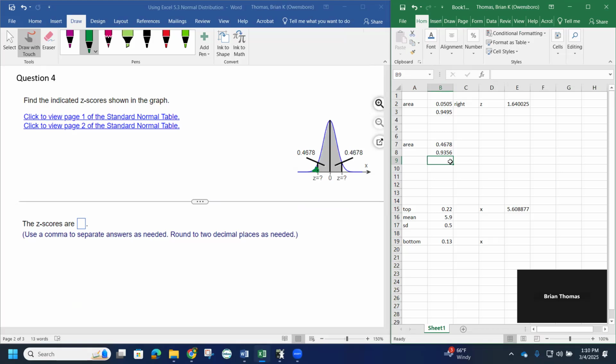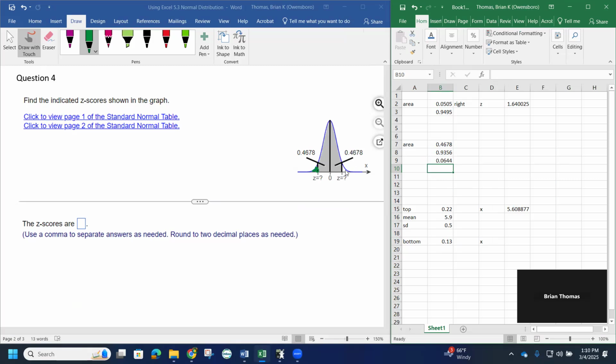Now if we go equals 1 minus B8, that gives me 0.0064. But notice that's shared among these two areas here.